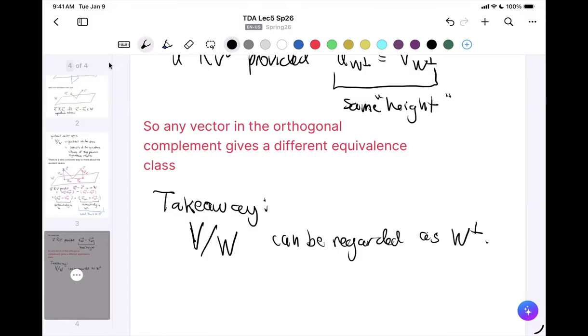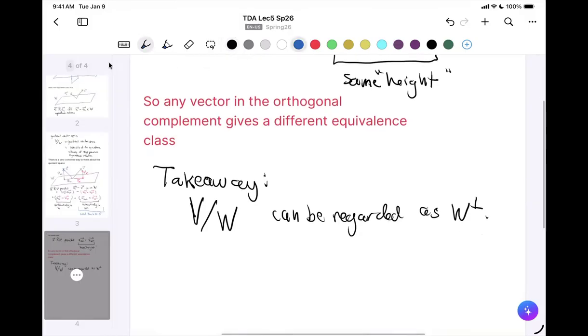Another thing that this tells you automatically is the dimension of this vector space, because the dimension of this vector space will be the same as the dimension of the orthogonal complement, which is just the dimension of V minus the dimension of W. So that's another thing that's nice here.